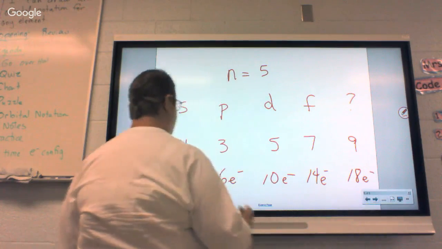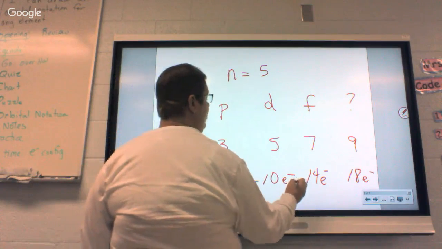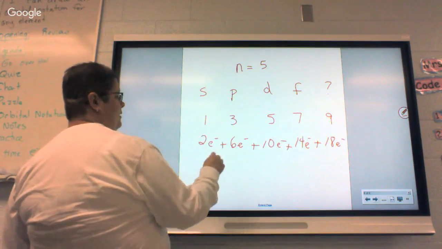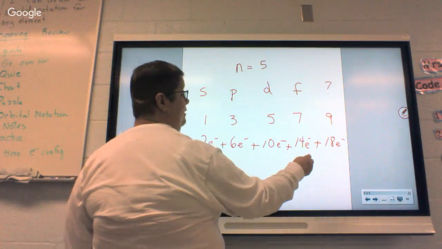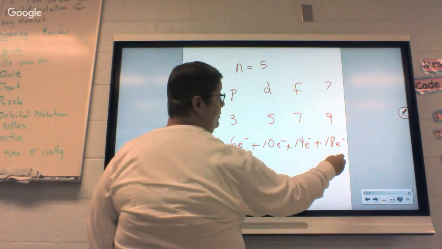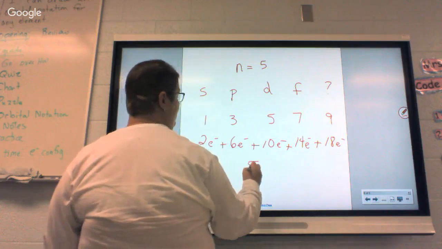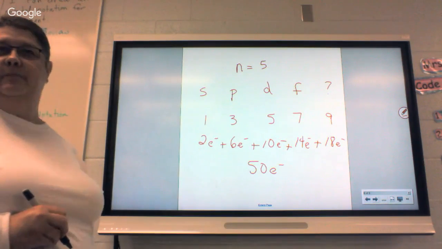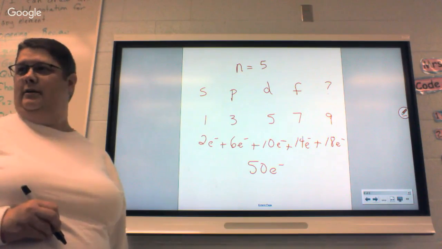So, how many electrons are we going to have in the 5th? 8, 18, 32, plus 18 is 50 electrons. Okay? Now, you want a shortcut?